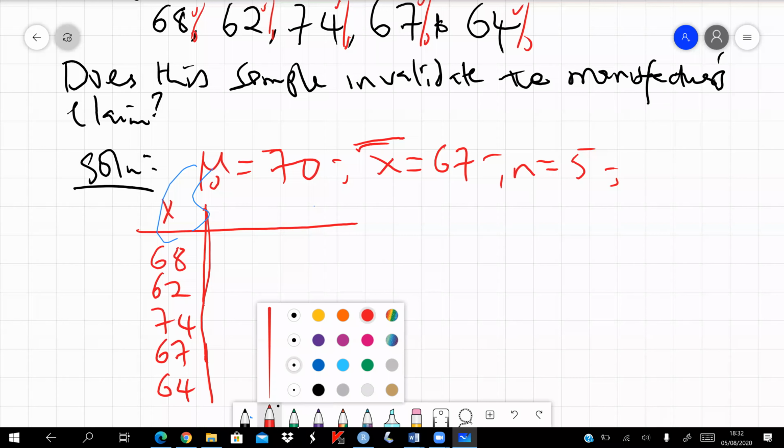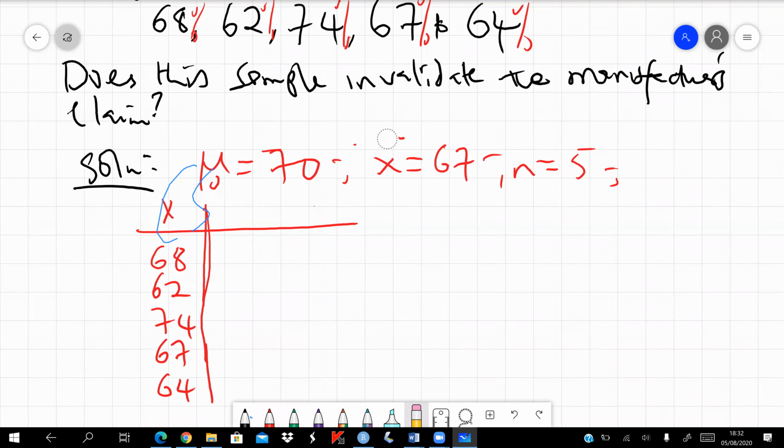As you know, standard deviation is the square root of the arithmetic mean of square deviations. So here I need x minus x bar squared. I need that. So this will be 1. This will be how much? This will be 49.